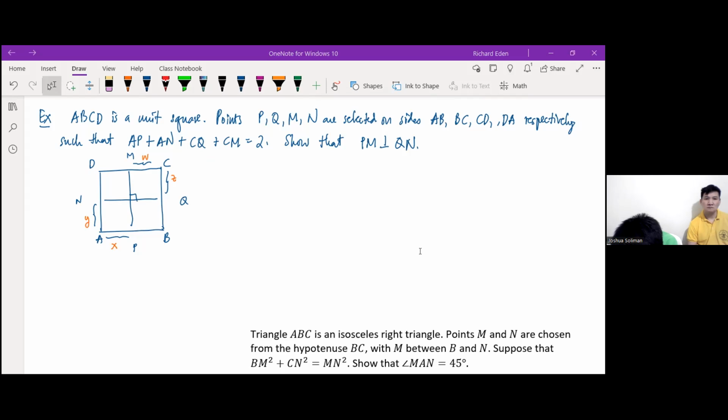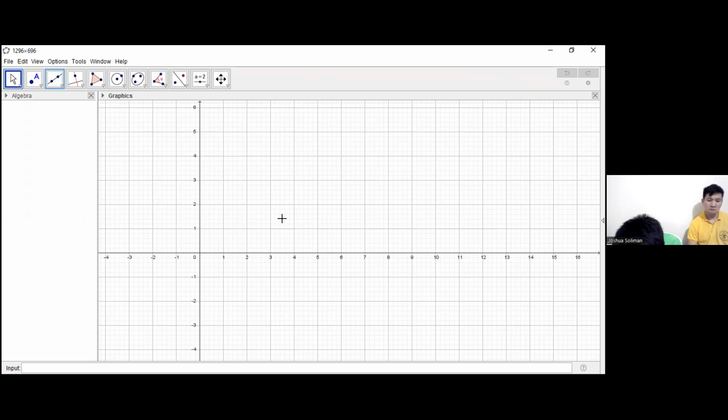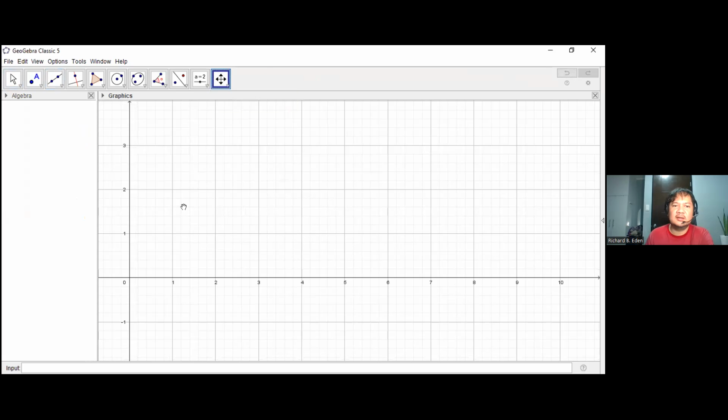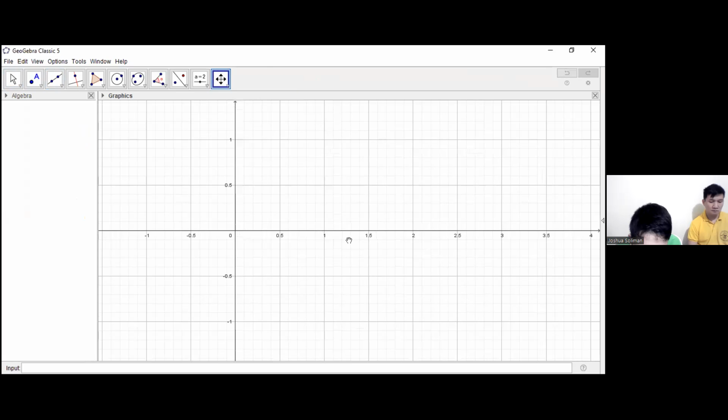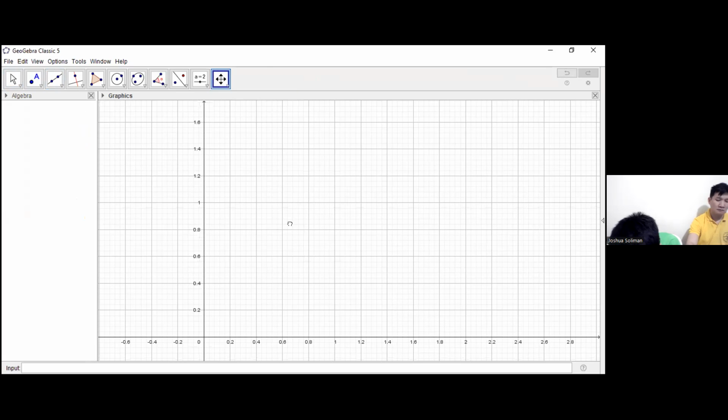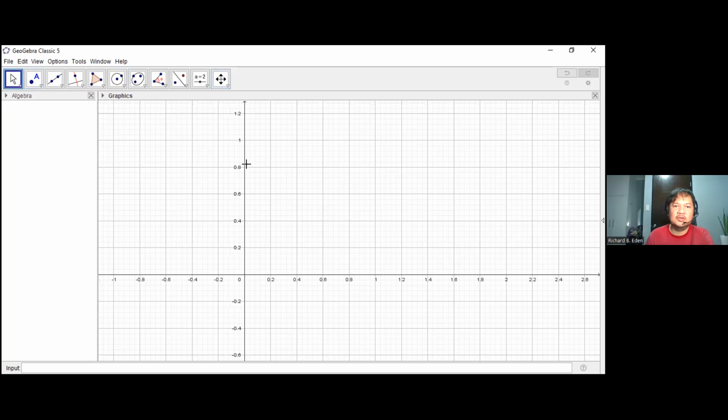Kasi try natin the unit length. Hindi po naka-share yung ano? Yeah, naka-share na ito. Lagyan natin. Yeah, all right. And then let's remove the grid.